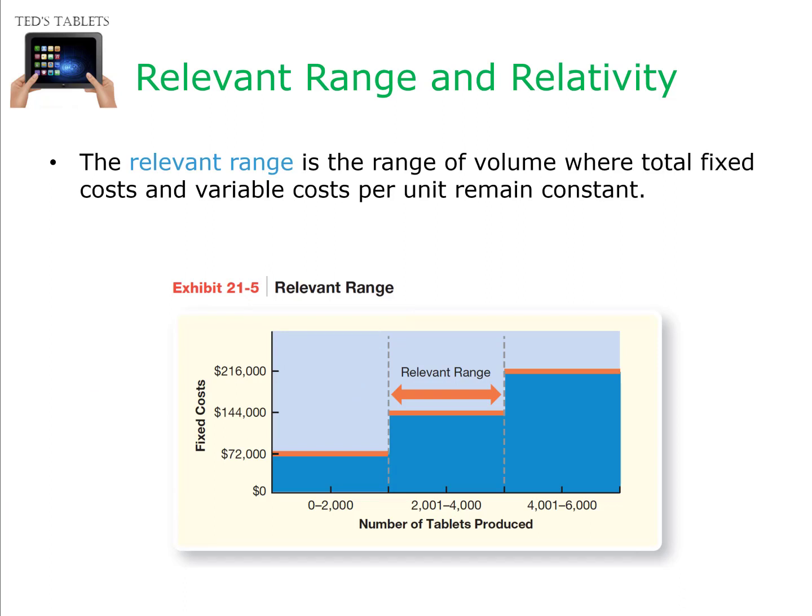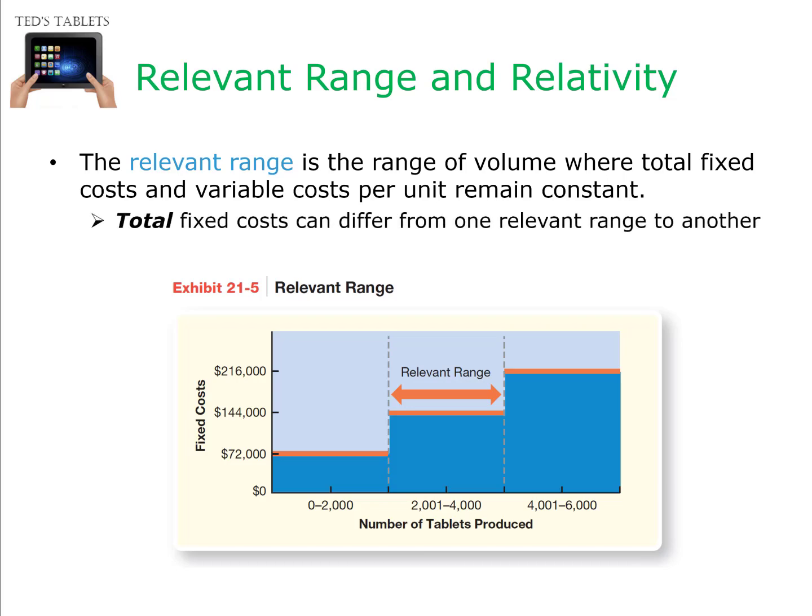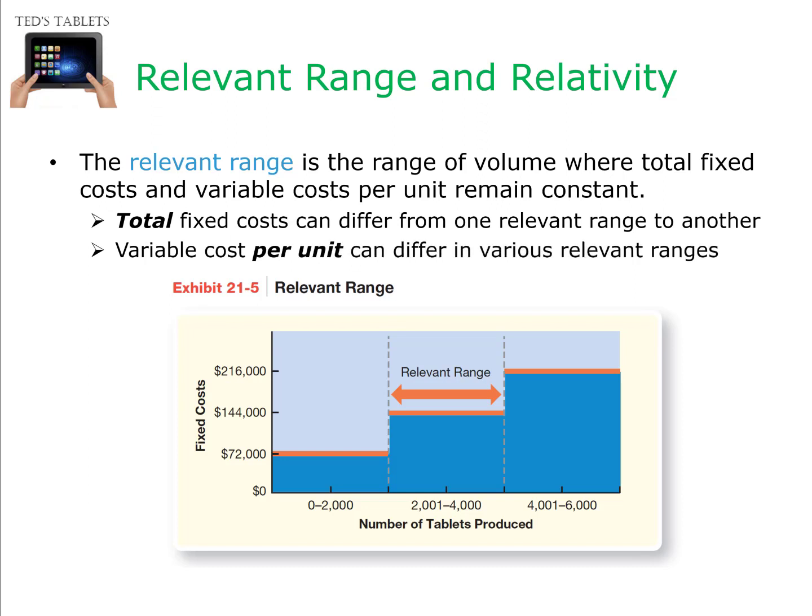Relevant range is the range of volume where total fixed cost remains constant and the variable cost per unit remains constant. So keep in mind that total fixed costs can differ from one relevant range to another. And variable cost per unit can differ in various relevant ranges. For example, remember the $55 cost of the battery that is required for each tablet?